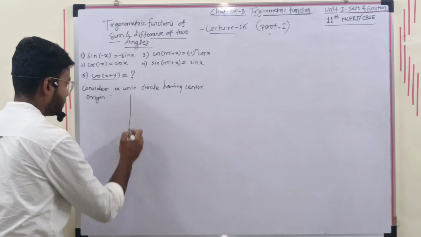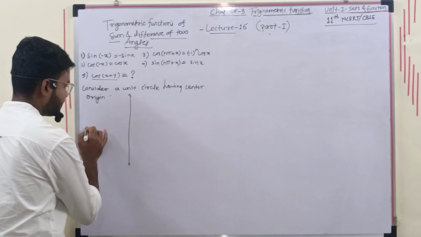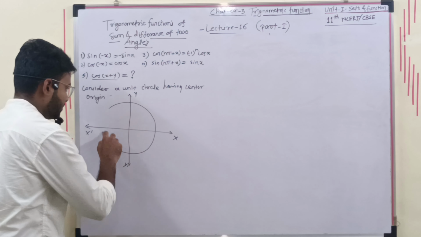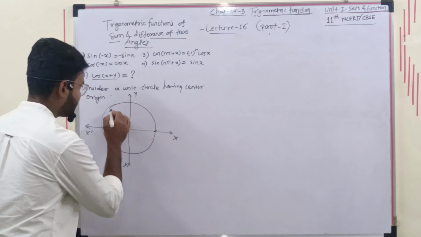So suppose this is our Cartesian system, x, y, x dash, y dash, and suppose this is the circle, the unit circle.